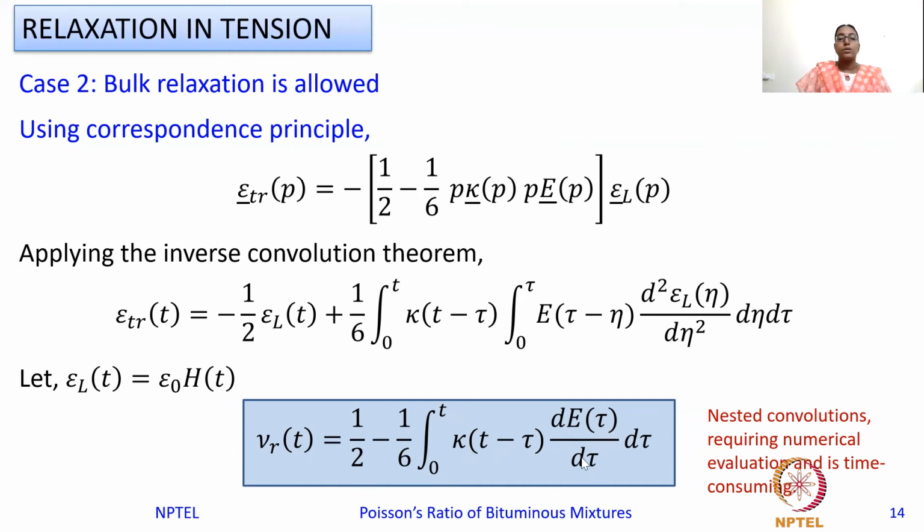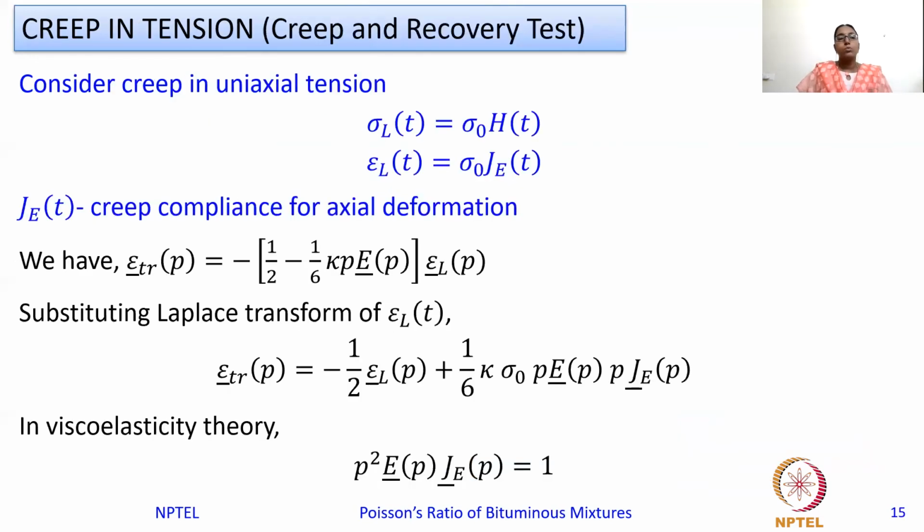So this is the Poisson's ratio in relaxation, which is a function of time. Now what you see is that this again is a nested convolution which requires several numerical evaluations, and it is a time consuming process. Now let's move to the next test modality, which is a creep and recovery test.